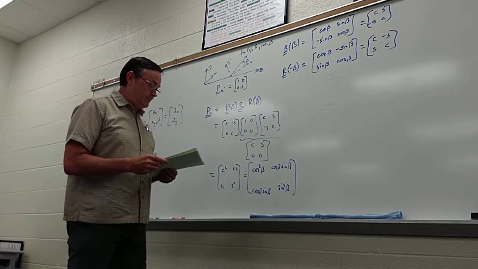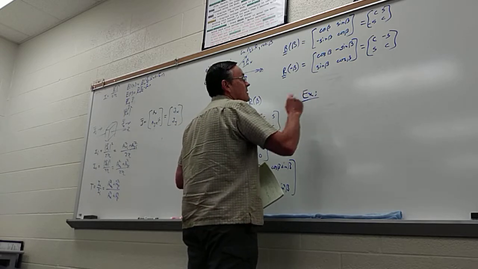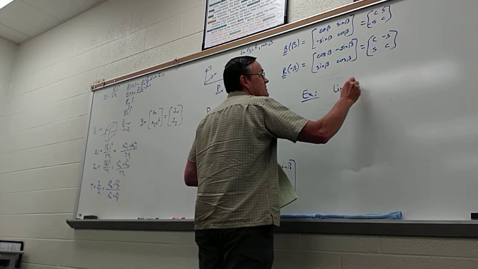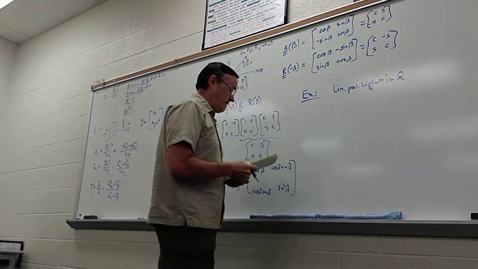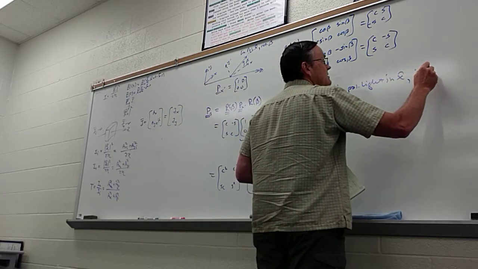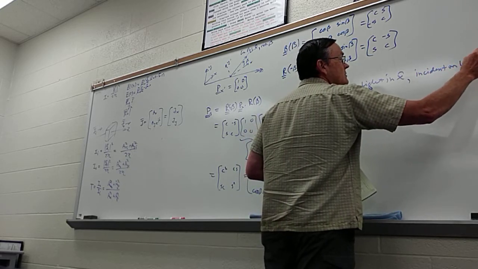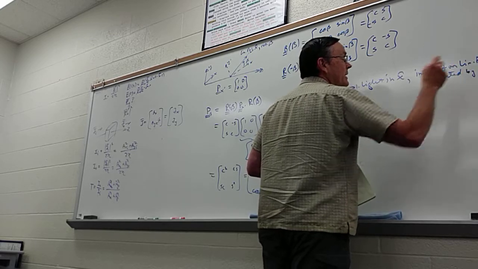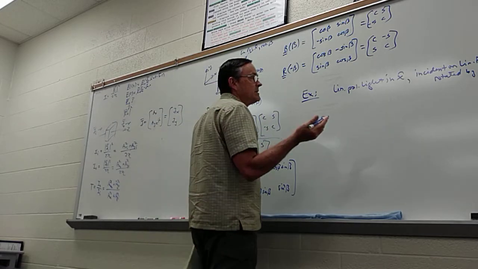Okay, so for our example, let's begin with linearly polarized light in the x direction, and then let's have it be incident on a linear polarizer rotated by an angle beta. And what we want to know is what's the output of that.